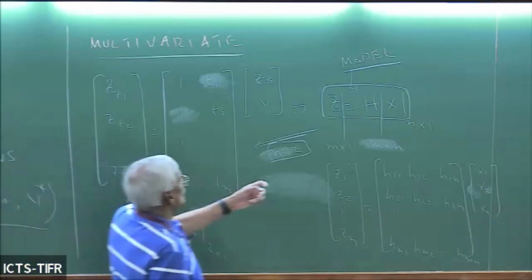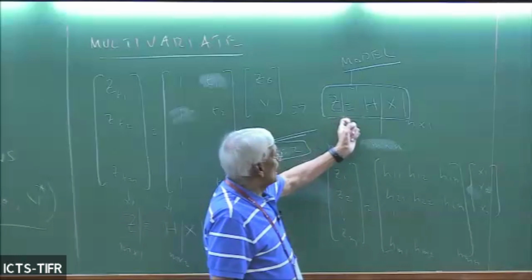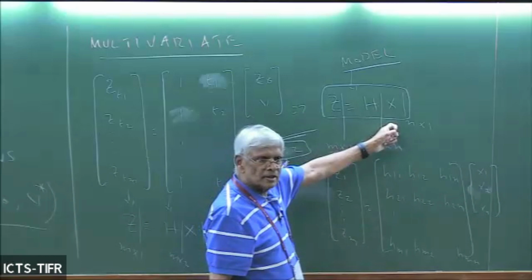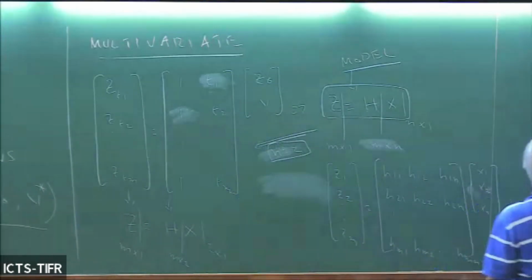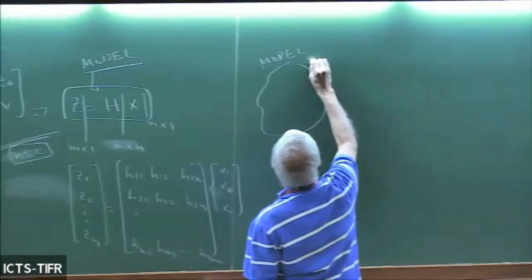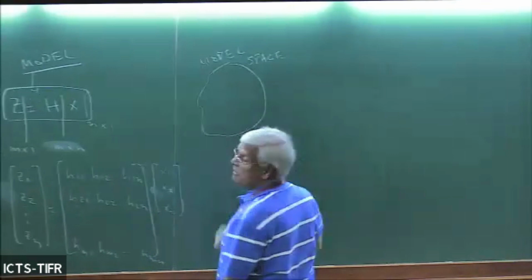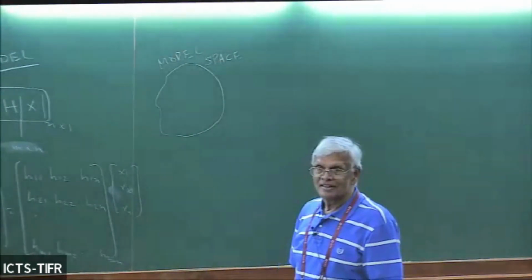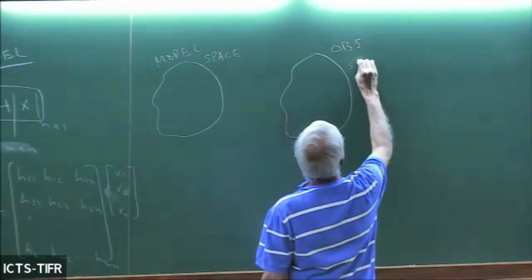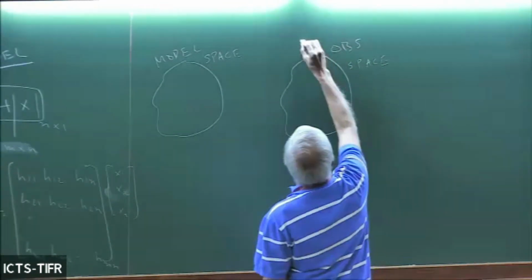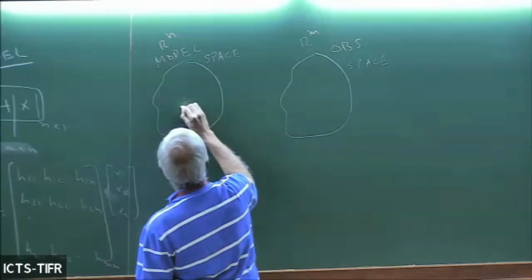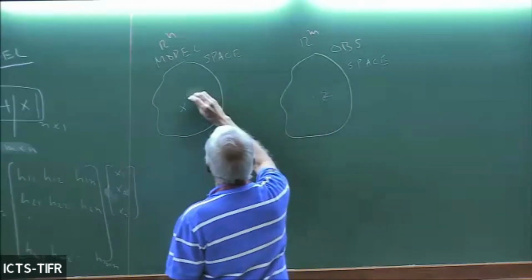Look at this now. Z contains the observation. H is the link between the observation and the unknown state. X is the unknown state. So here I'm going to introduce some basic things now. This is called the model space. You remember the vector space we talked about? This is called the observation space. Observation space is R^m. The model space is R^n. X belongs here. Z belongs here.